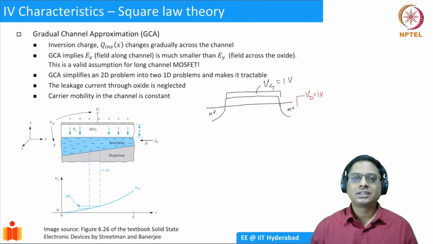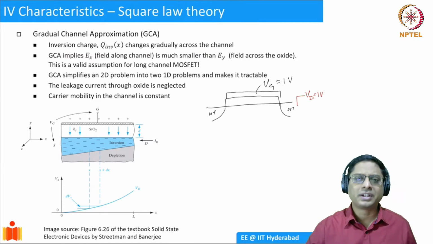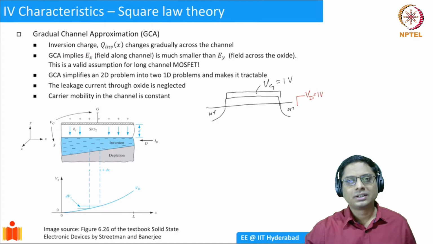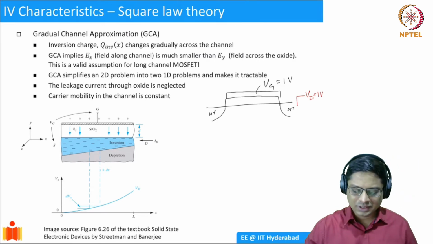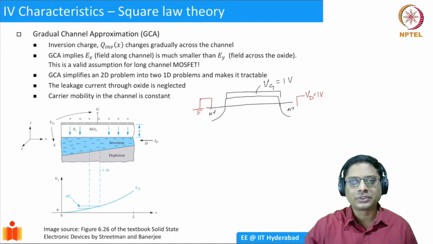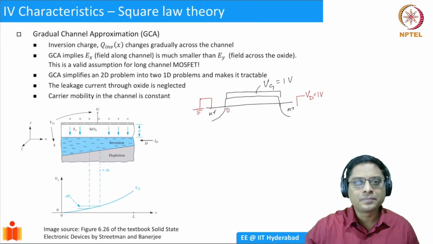What we said in the previous lecture was that as VD increases, it's essentially a piece of semiconductor, so voltage has to drop across that. How will the voltage drop happen? We know that this is anyway grounded, so let's say at this edge my voltage was 0.